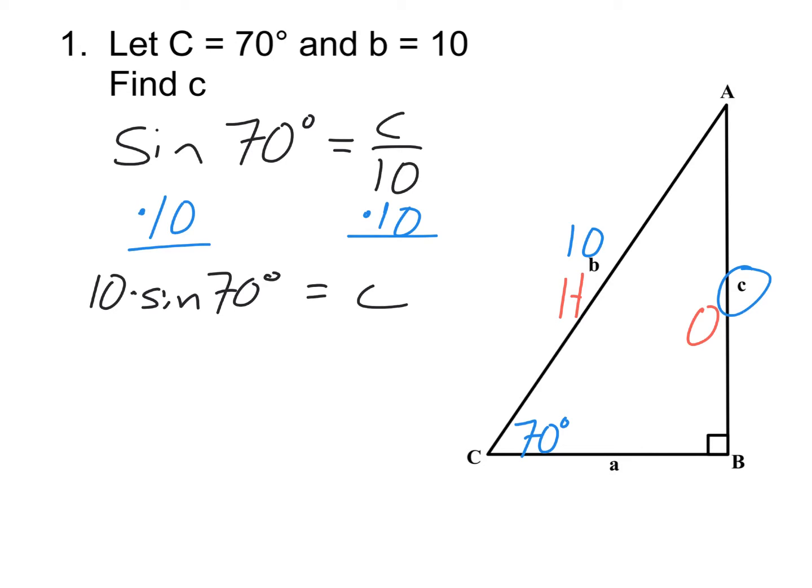If it's on a graphing calculator, you'll pretty much type it in exactly as you see it here. You go 10 times sine 70 equals. If you're doing it on a scientific calculator, the order is a little bit different. You would do 70, then you'd press the sine button, and then you'd multiply it by 10.